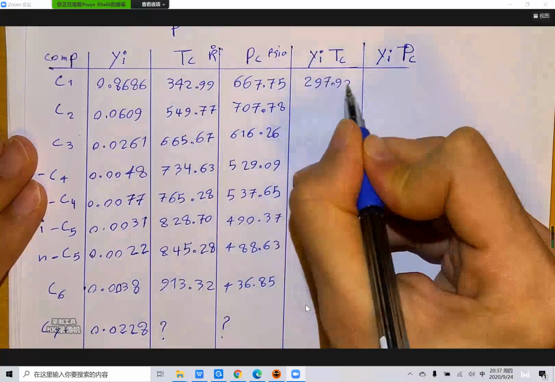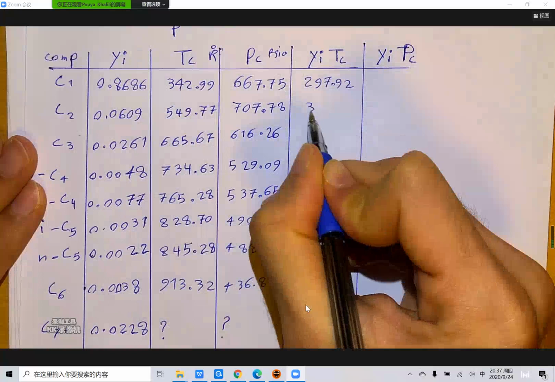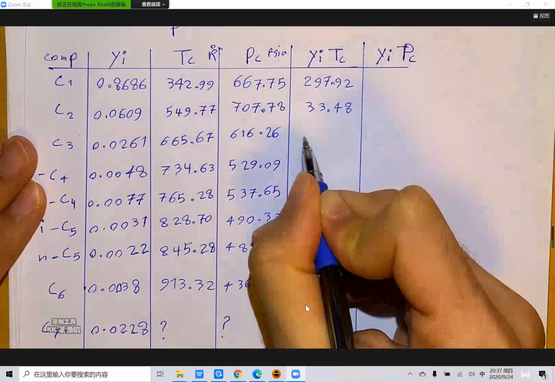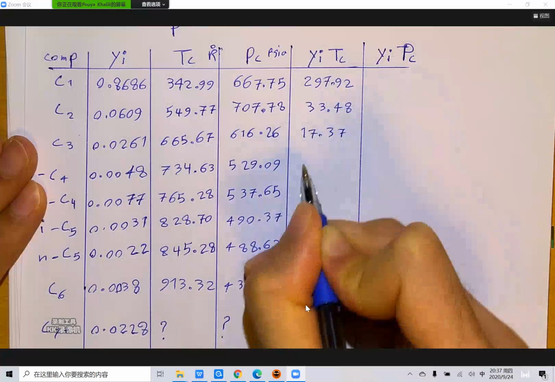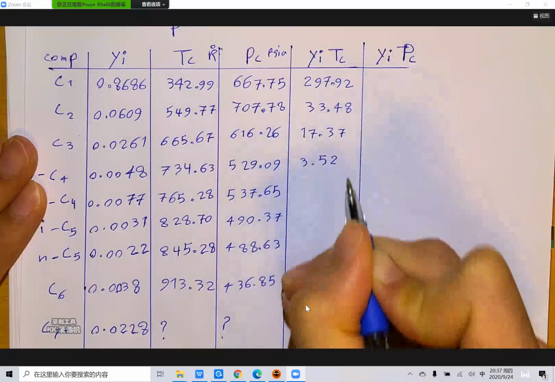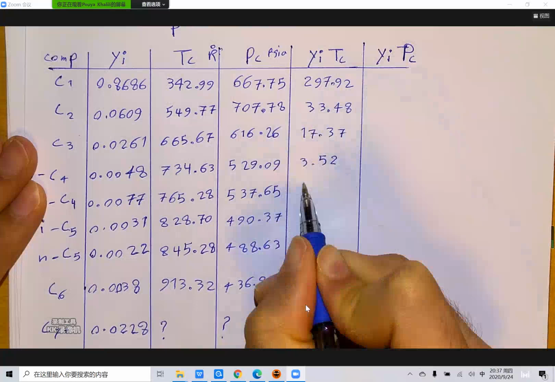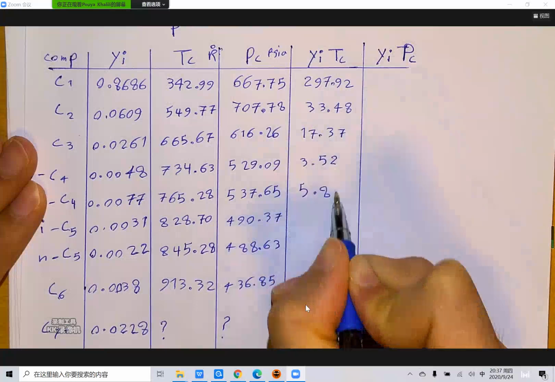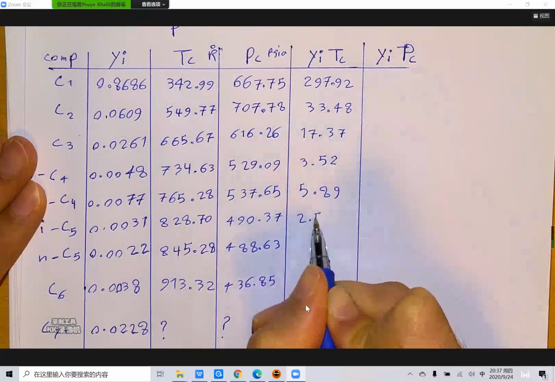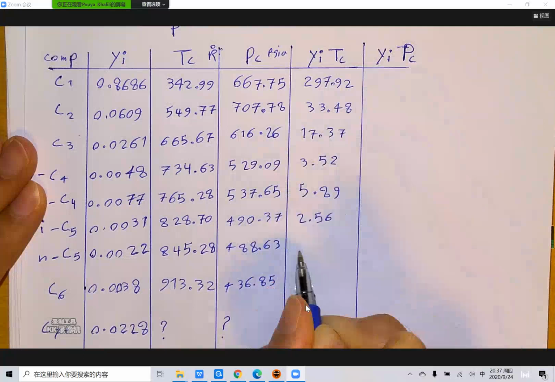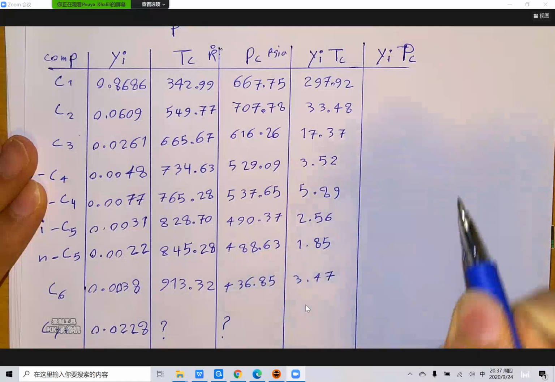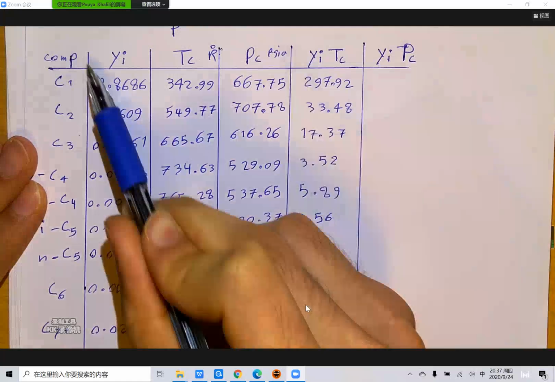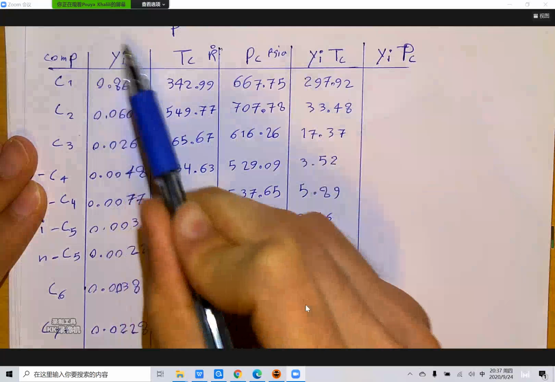We do it for all of the data. And multiplying the mole fraction by the critical pressure, we can write it.